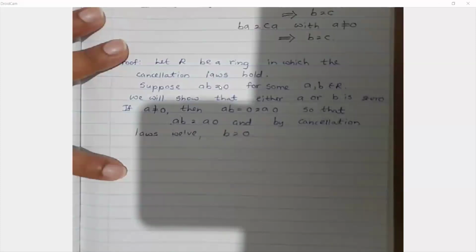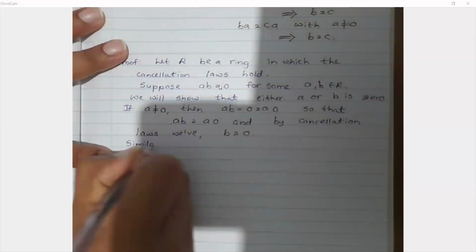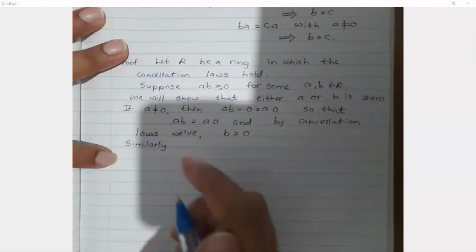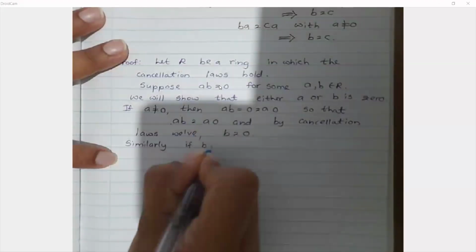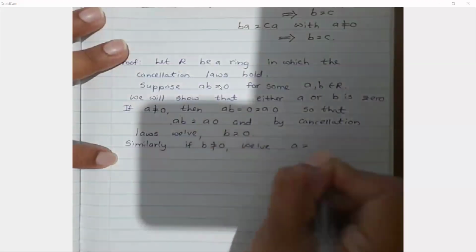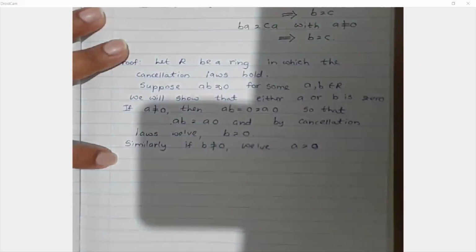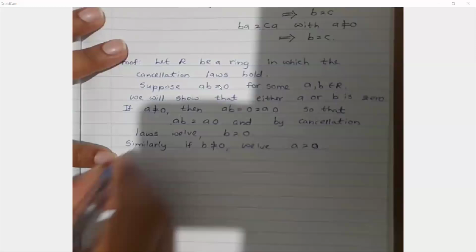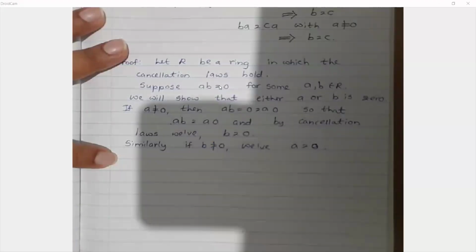Now, in a similar fashion, we can show that if B is non-zero, A ends up being 0. So I'll simply write similarly: if B is not equal to 0, we have A equal to 0. That means we have no zero divisors, because in each case, either A or B is 0.